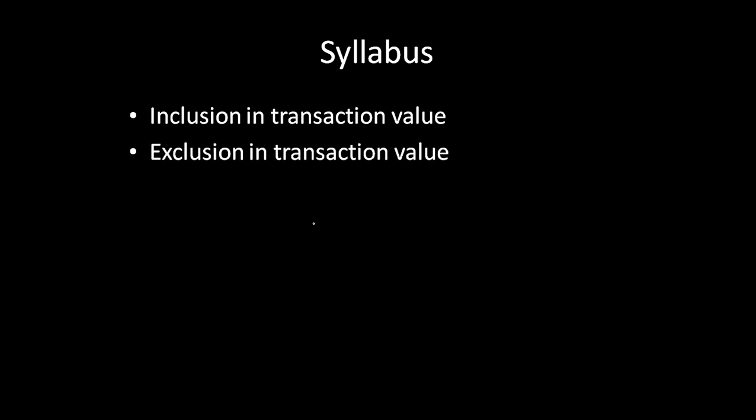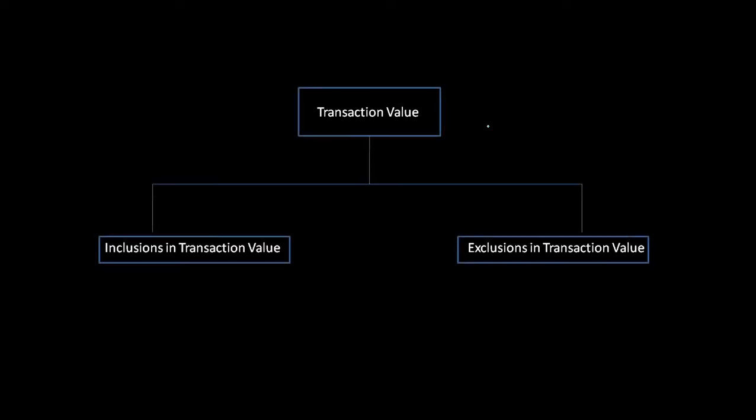In your syllabus, it's given that we need to consider inclusion in transaction value and the exclusion in transaction value. So we shall be discussing first the inclusion in transaction value, then secondly the exclusion in transaction value. Now, transaction value can be basically divided into inclusion and exclusion, as we have already seen in the syllabus synopsis.